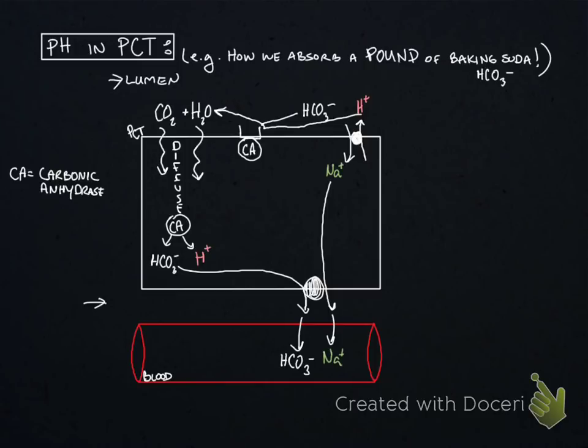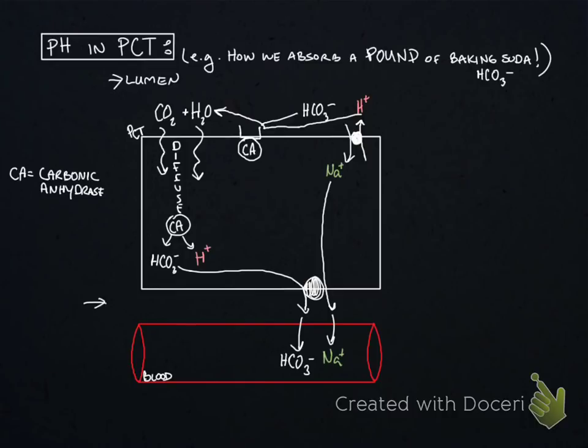Basically, sodium moves down its concentration gradient, and with it, it pulls along bicarbonate. Does that make sense? It's all those concentration gradients, always concentration gradients that help move things along.